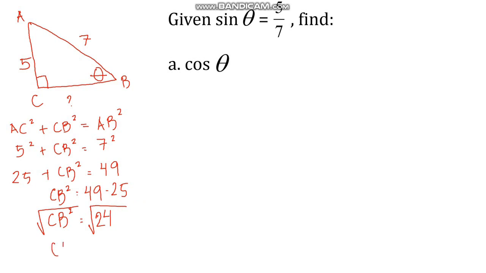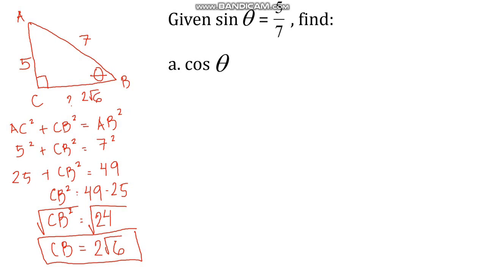So we have CB equals, now 24 is not a perfect square, but we can think of a perfect square that is a factor of 24, and that is 4. So 4 times 6. So we have 2 square root of 6. So this is now our CB. So let's write here 2 square root of 6.